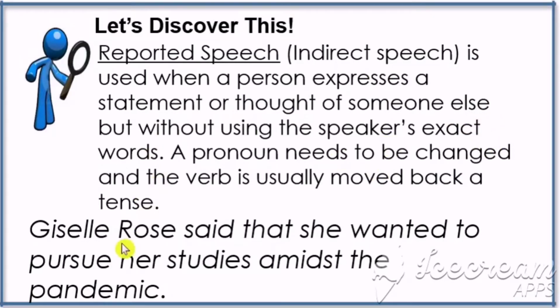A pronoun needs to be changed and the verb is usually moved back a tense. Just like this example of a statement which is in reported speech. Giselle Rose said that she wanted to pursue her studies amidst the pandemic.